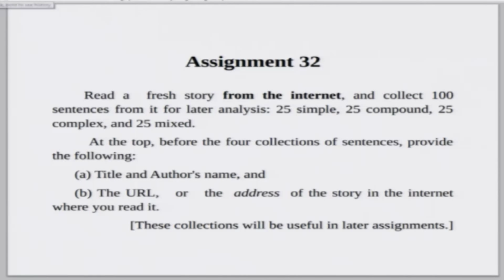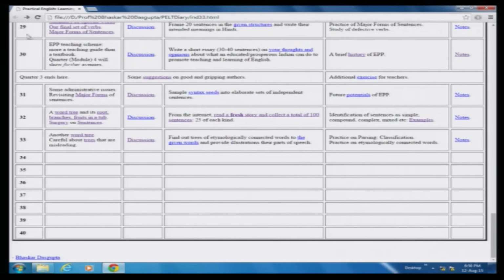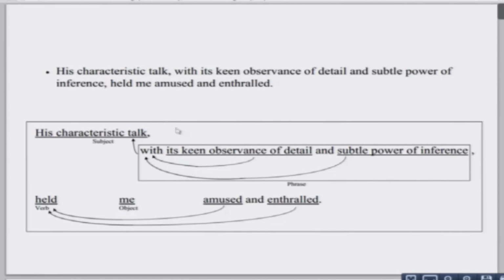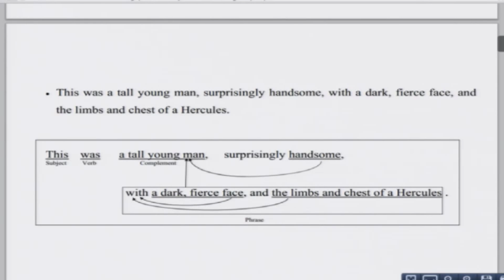Okay. So, now we have already shown you some examples, but we showed you those in the form of already parsed sentences. Okay. So, this one. Some 9 examples we showed you in the previous session.